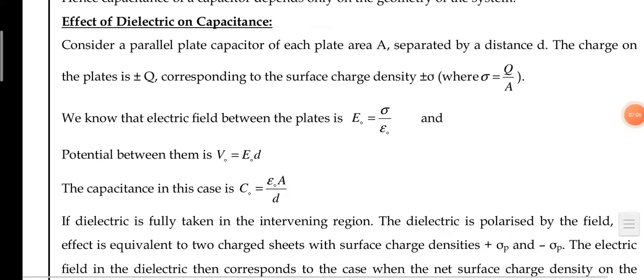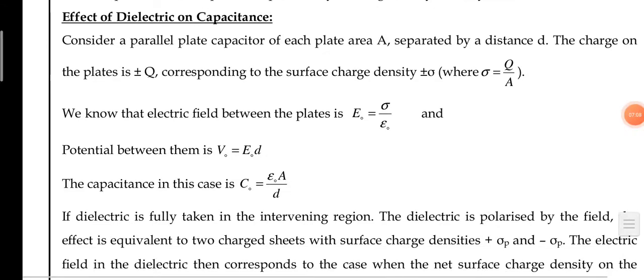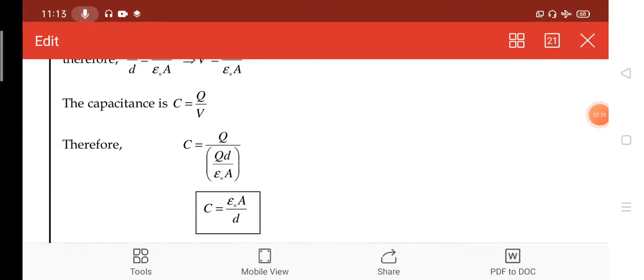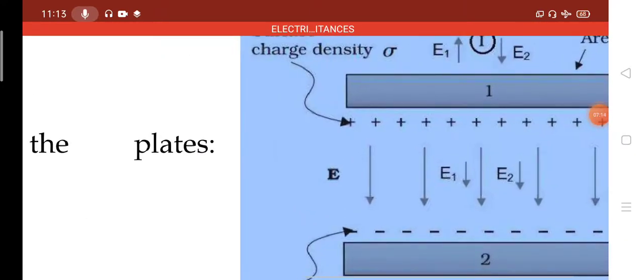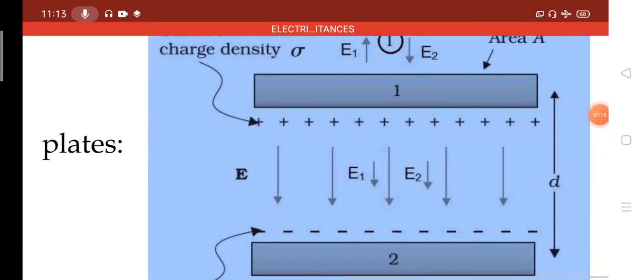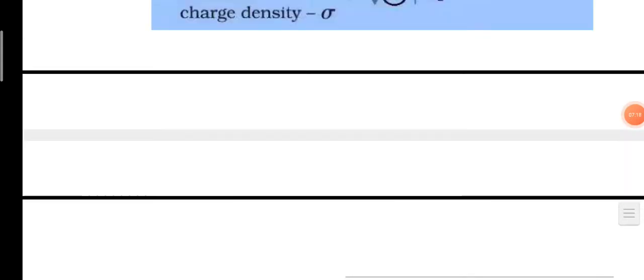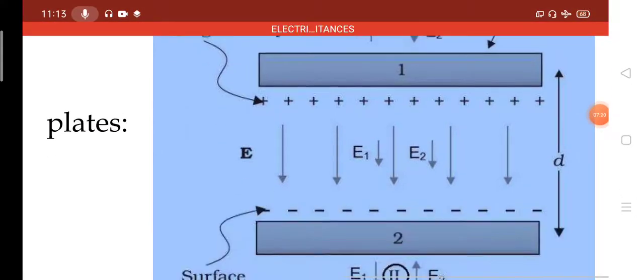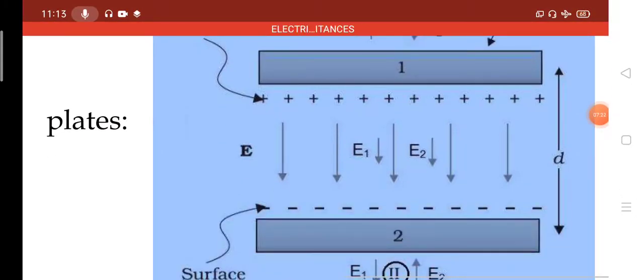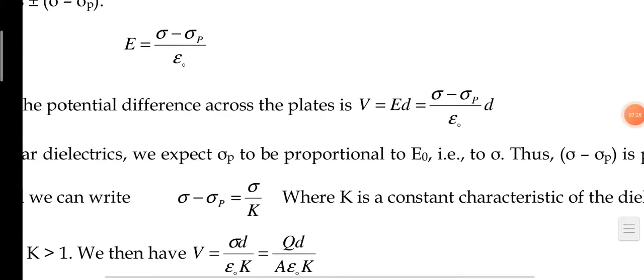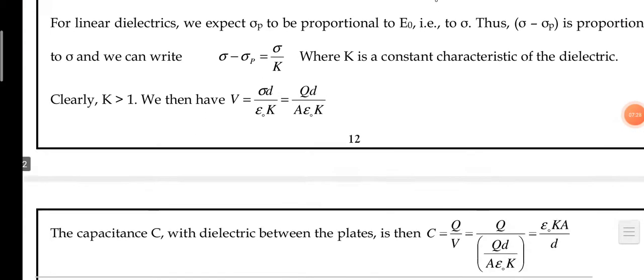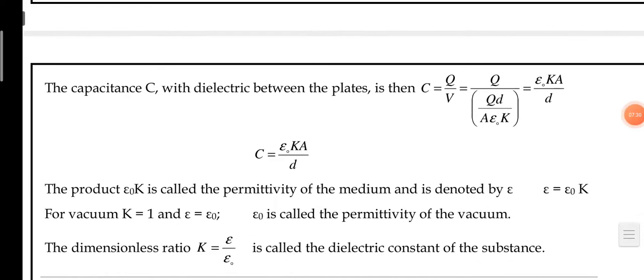Next, what is the effect of a dielectric on capacitance? If air medium is taken between two plates, capacitance C equal to epsilon naught A divided by d. Suppose between these two plates you take a dielectric medium, then capacitance increases by K times.